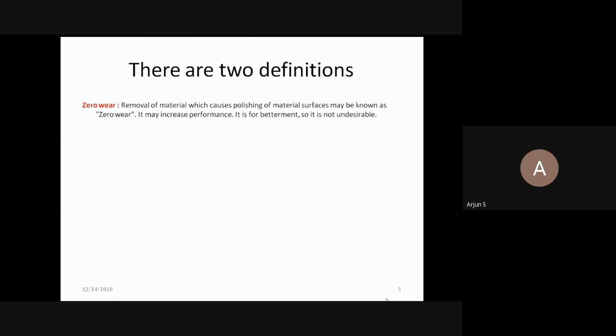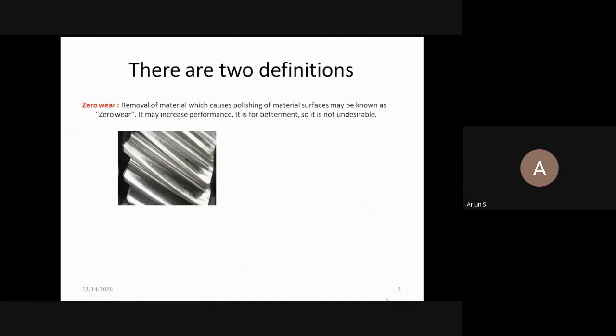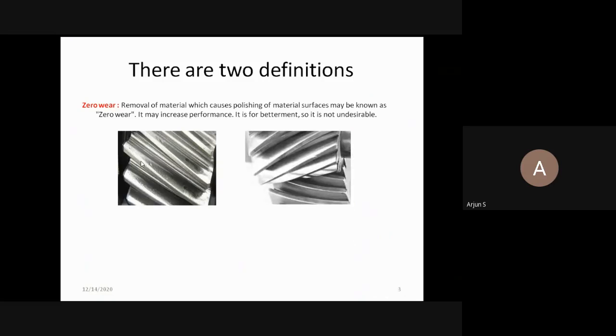It is just like a surface finishing process, where in this diagram you can see a rough surface, and you can use some emery sheet, something like sand paper, to grind this surface and prepare a smooth surface, where the material loss will be very less. Such type of wear is called zero wear.